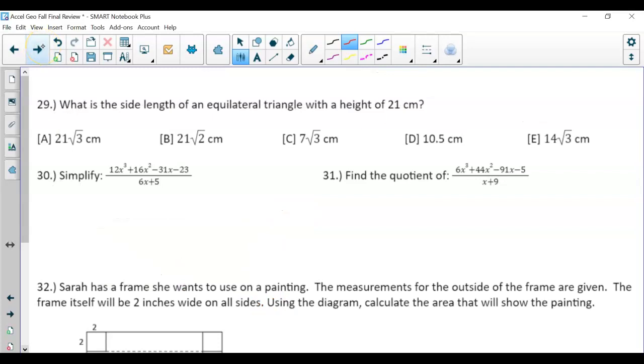So now 29, we're looking for the side length of an equilateral triangle. So here you have an equilateral triangle where all sides are the same. That means all angles are the same at 60 degrees. Now we do have the height of this triangle is 21 centimeters.